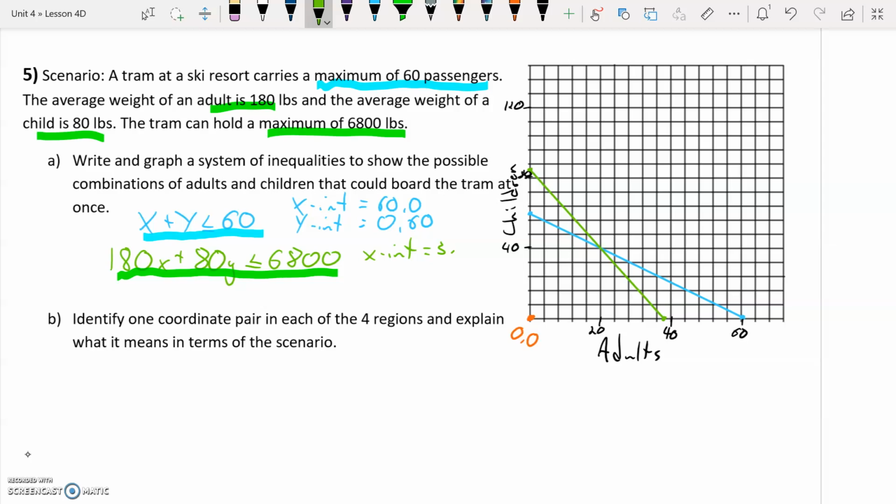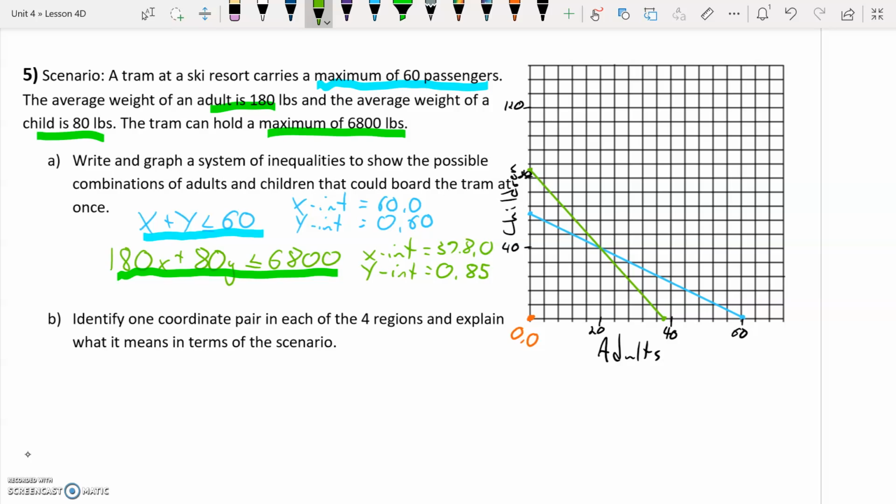So you could have 37.8, or 37 if we were to round down since it's a maximum limit. 37.8 adults and 0 children would take that thing to its weight limit. And if it was all children, no adults, you could have 0 adults, 85 children. So that's where I got the x and y intercepts for the green line, and then connected the dots.